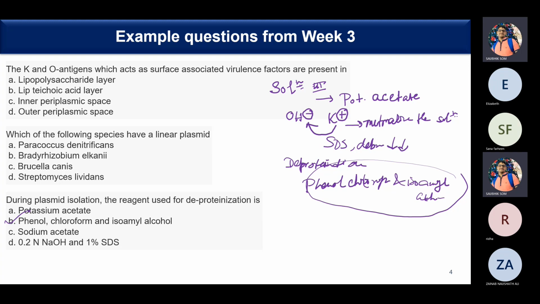That will be your plasmid DNA. After that you add alcohol. Since DNA is negatively charged, due to that alcohol everything will get precipitated. That's why we use alcohol in the last step to precipitate the DNA, and then we redissolve it.